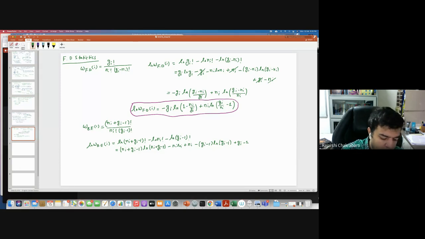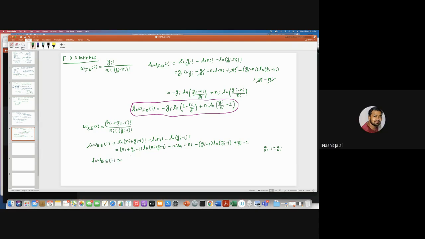So what can I do? You see that degeneracy is usually very large. g_i minus 1 is like g_i. So this is approximately equal to, you left the Stirling approximation for the first term.